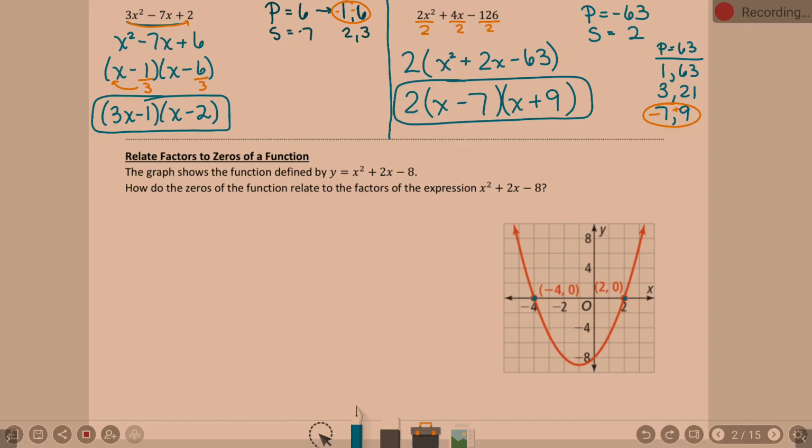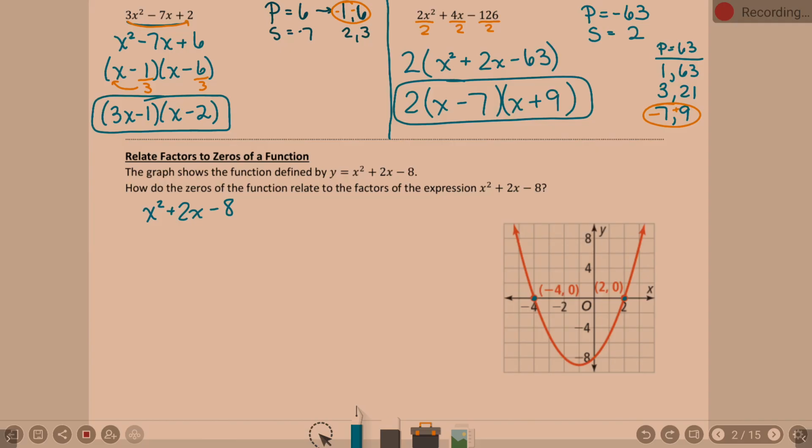So let's take x squared plus 2x minus 8. What are the factors of x squared plus 2x minus 8? Review from yesterday, right?